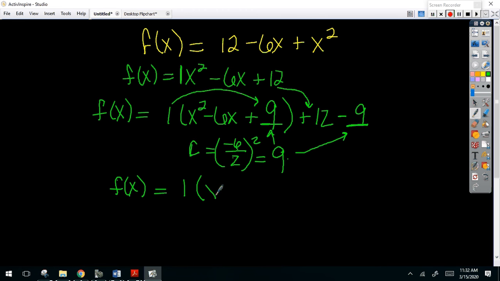That 1 is out there. You can put it or you don't have to. I have x minus 3 squared, 12 minus 9, well, twelve minus 9 is 3. And now it is in vertex form, and my vertex here would be 3.